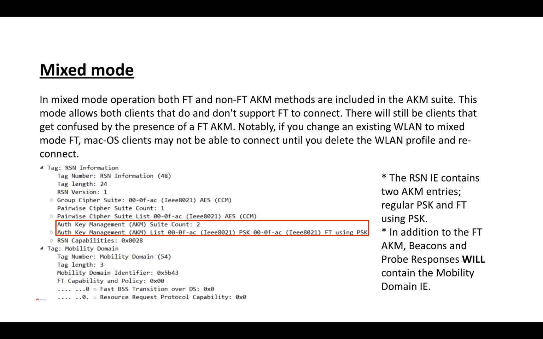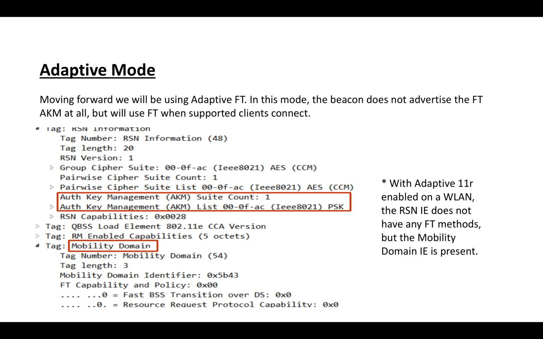So you might have to just go ahead, delete the WLAN profile from the client, and then try and connect it back again. But this is a viable method that was used prior to the next one that we are going to talk about, which is adaptive mode. This is, I would say, probably the most famous and probably the easiest in terms of supporting both the non-802.11r capable and 802.11r capable clients.